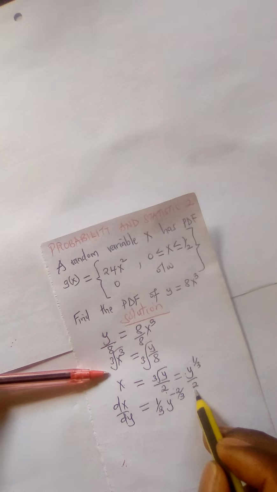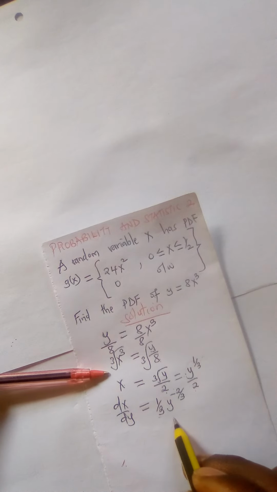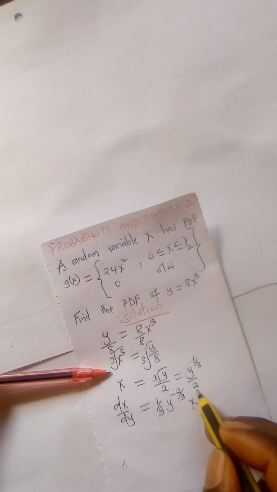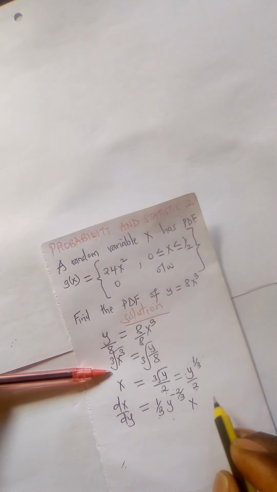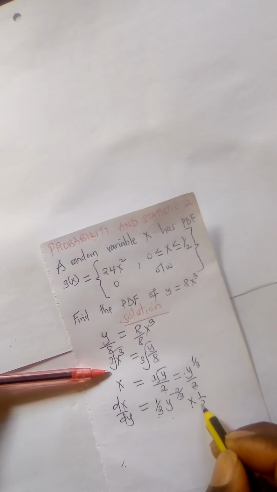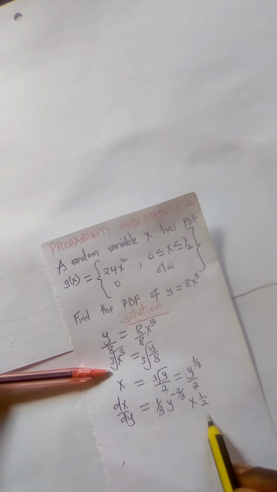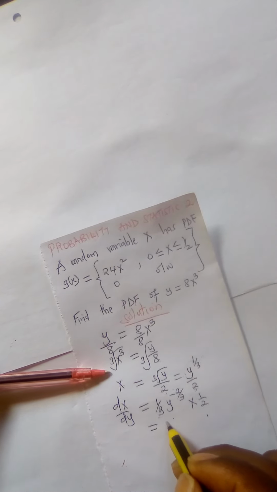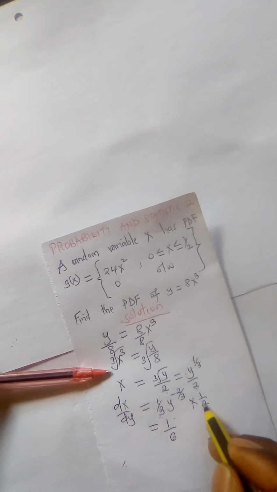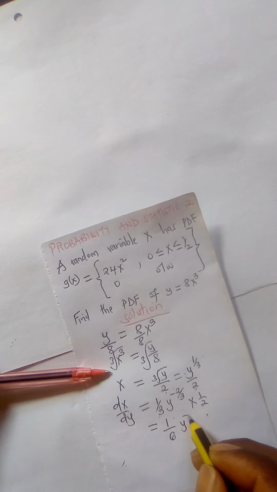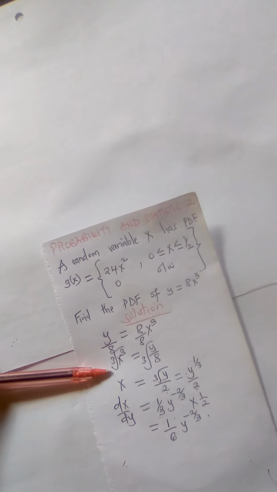Then remember we are dividing by 2. Writing over 2 here is very tedious, and therefore to avoid that, you can multiply by the reciprocal. Remember 2 is over 1, so the reciprocal of 2 over 1 is just 1 out of 2. Now you multiply a third by a half. That will make you end up with 1 over 6, because 2 by 3 is 1 over 6, and y raised to negative 2 out of 3.